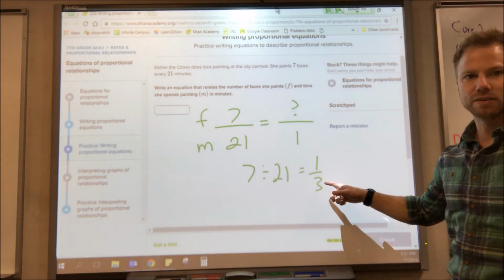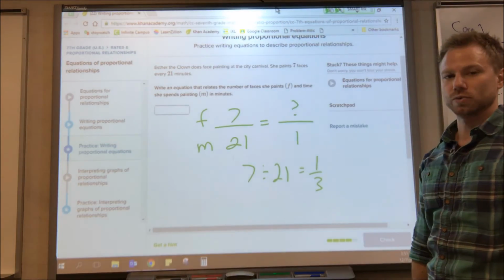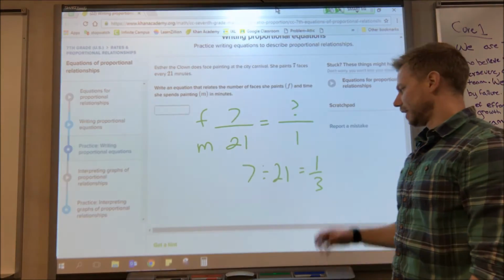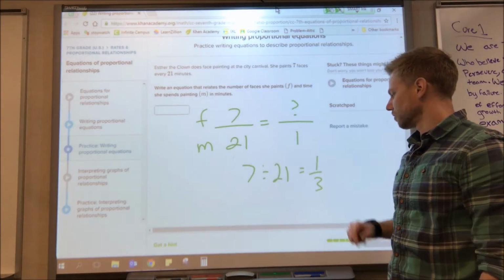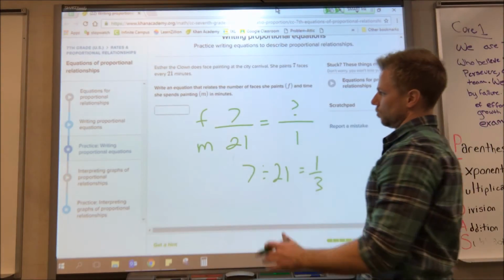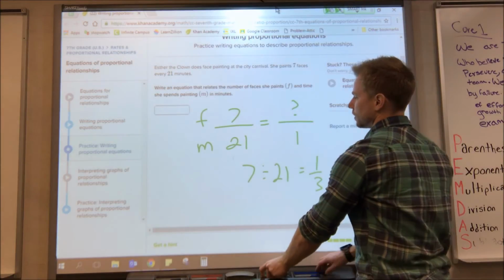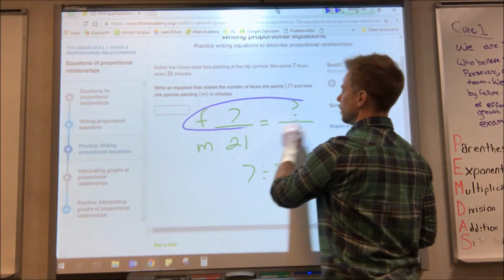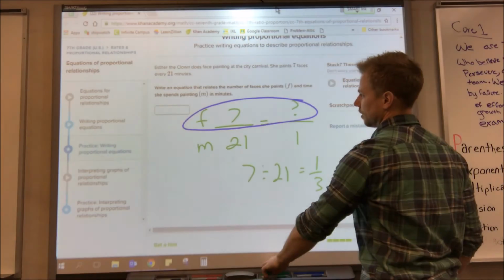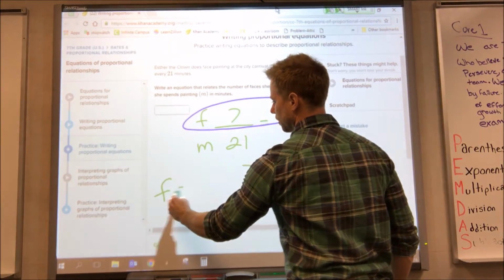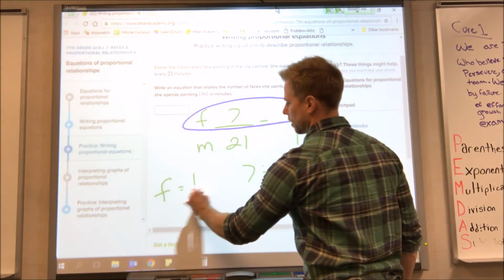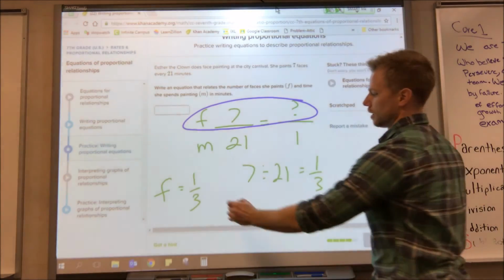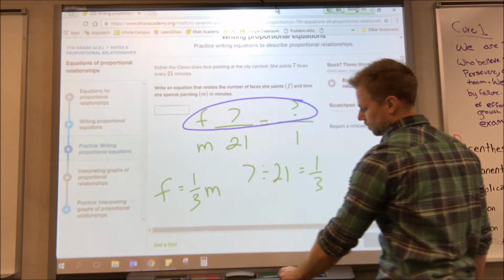Now this one we have to leave as a fraction because that's going to give us a repeating decimal. We can't have a repeating decimal. It has to be an exact answer. So we have to leave it as a fraction, and we'll plug it into our equation. Again, the question mark is with F, so that has to be the first letter in our equation. F equals, then our unit rate of 1/3, and then M for minutes.